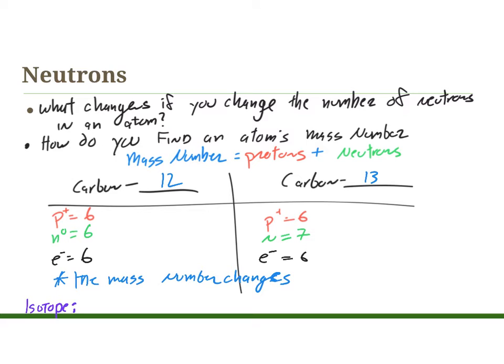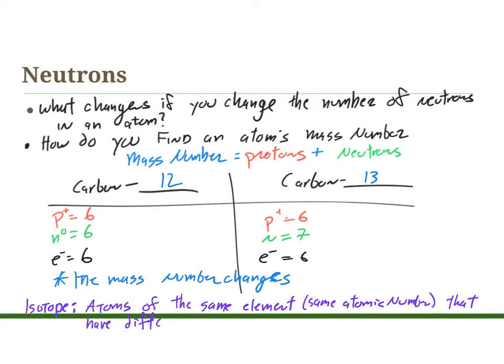An isotope is atoms of the same element, remember, that means same atomic number, that have different mass numbers. Okay, so that's what an isotope is.